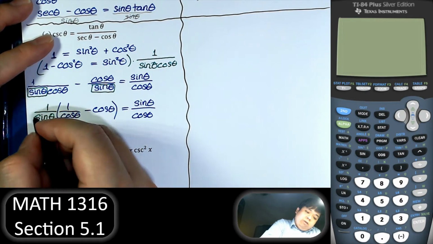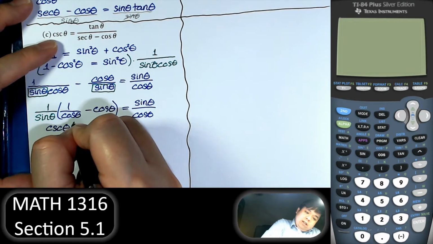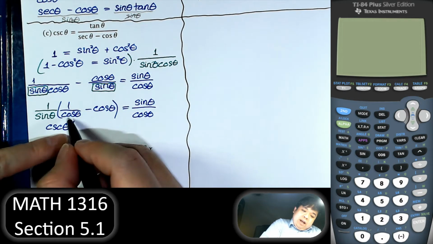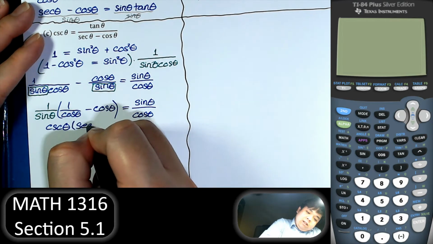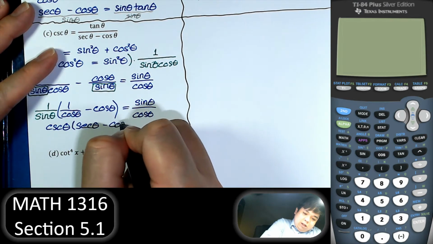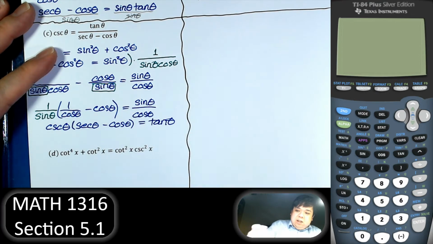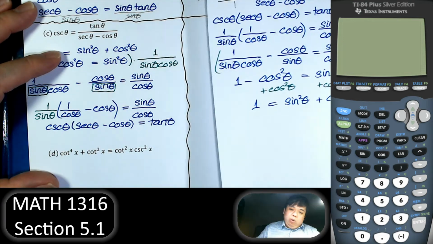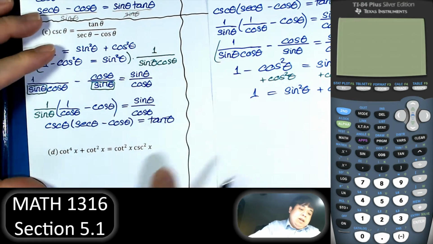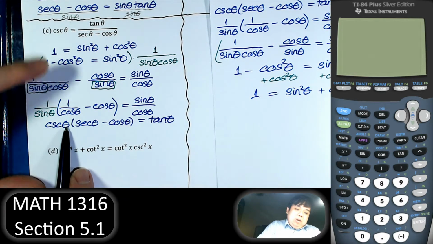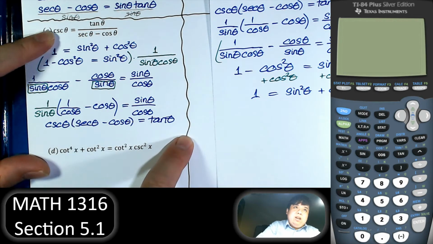Of course, that 1 over sine is cosecant. And then that gives us 1 over cosine, secant, minus cosine. And sine over cosine, tangent. So once again, we write things in reverse. And finally, to get back to this cosecant, we will divide secant and cosine on the other side.